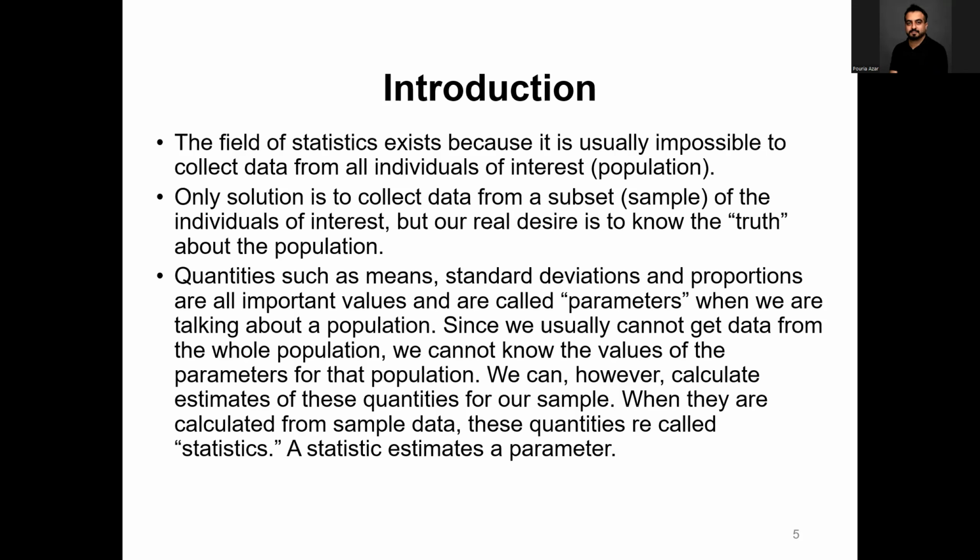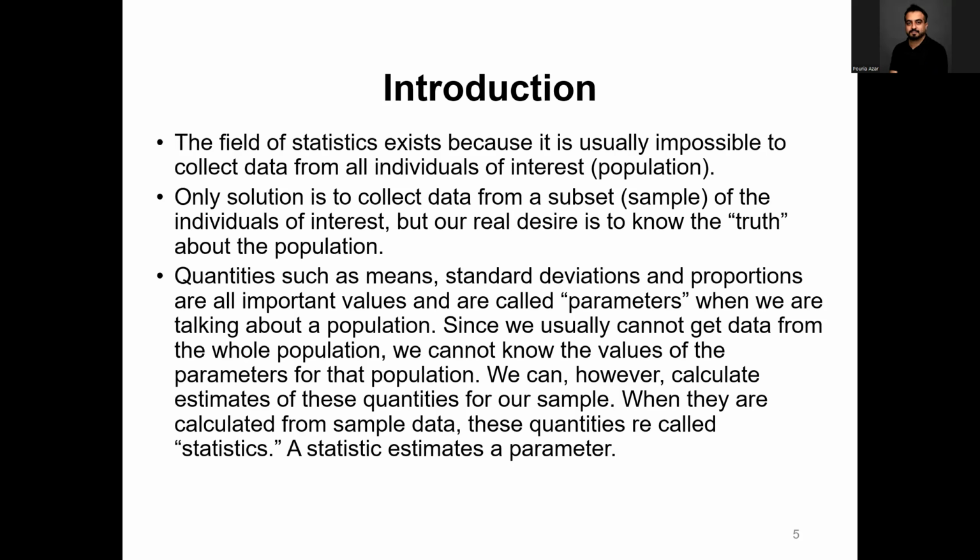When you see the term parameters, it's the actual values in the population. But when I collect data from a sample of the individuals of interest and measure some variables or outcomes, it is called statistics, not parameters anymore.